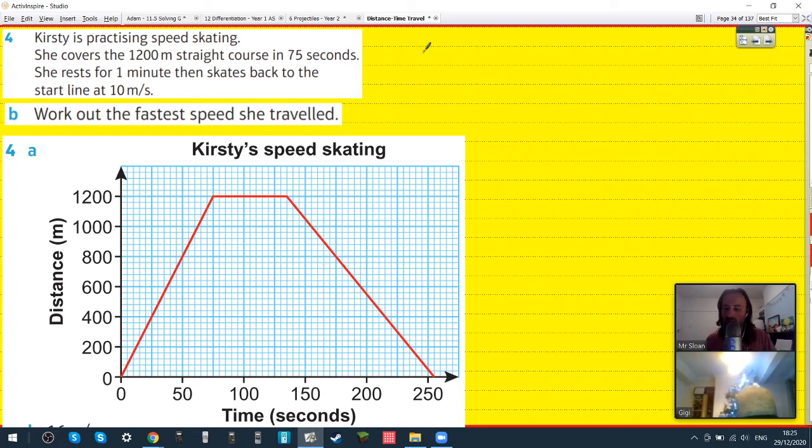Distance divided by time. 16. That's it. And what's the unit? Meters per second. That's it. Meters per second.